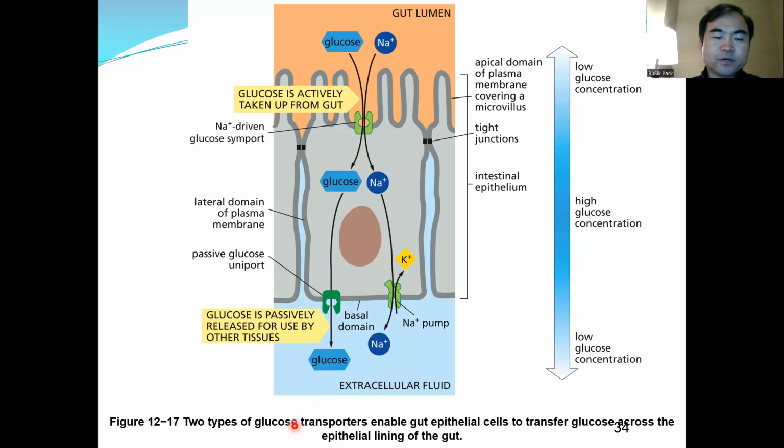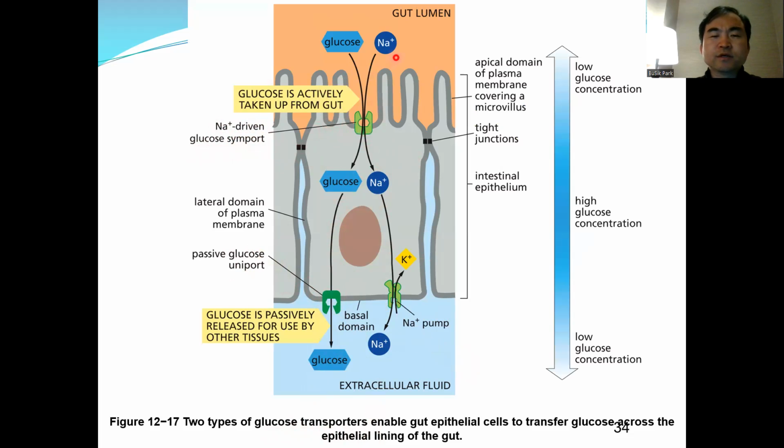And there are two types of glucose transporters. One is the sodium-driven glucose symport, this one. Another is the passive glucose uniport.